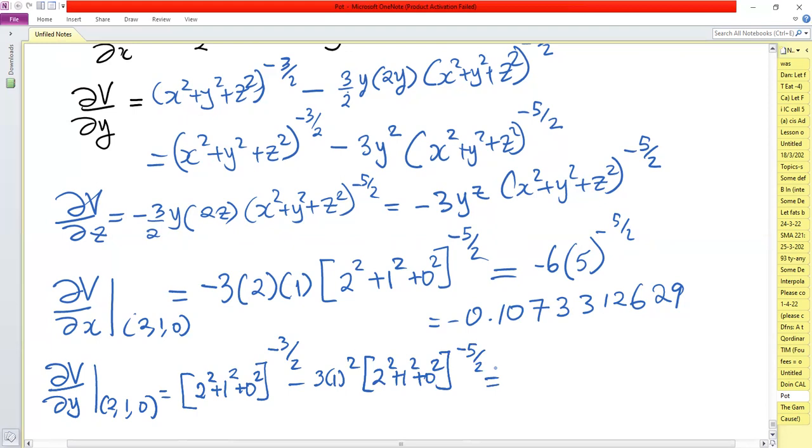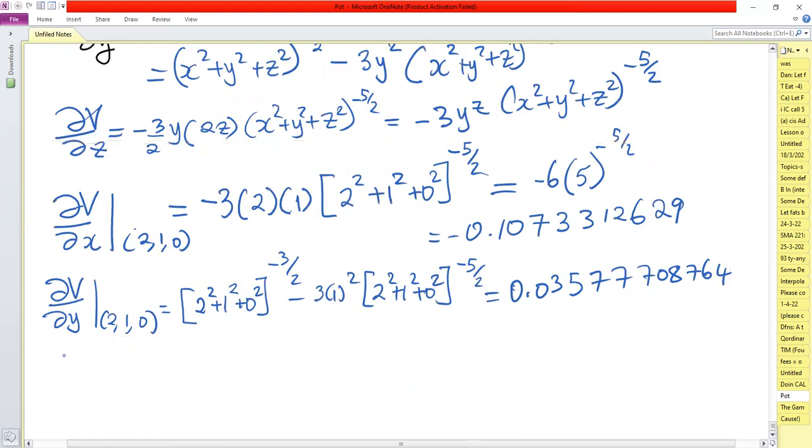And this will give me 5 raised to minus 3/2 minus 3 into 5 raised to minus 5/2, which will give me 0.0357708,764.